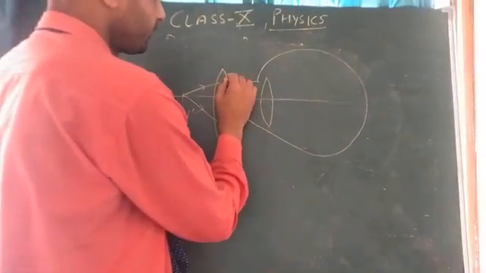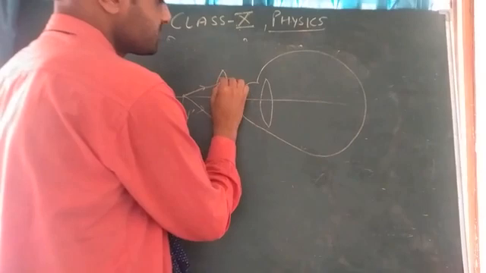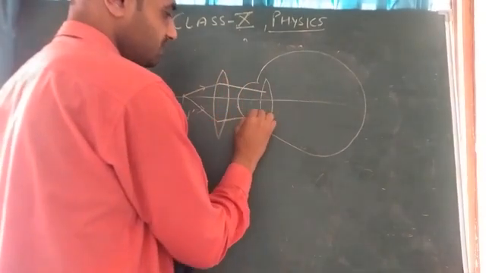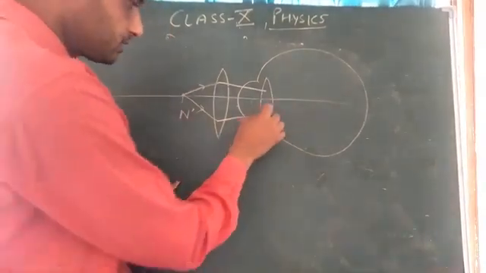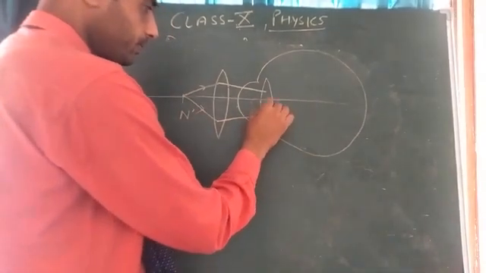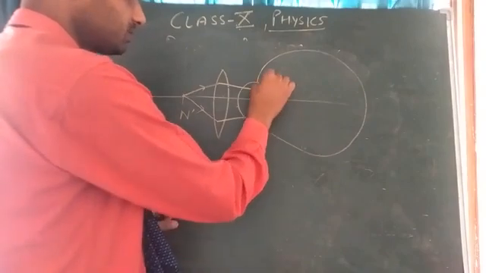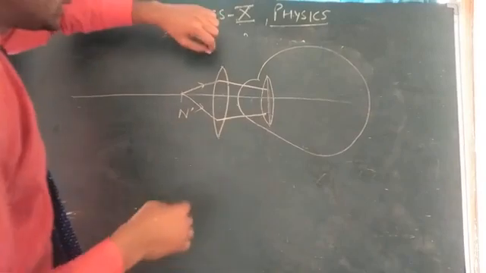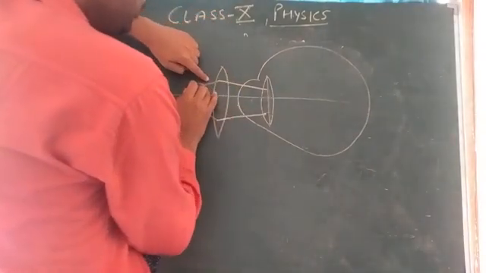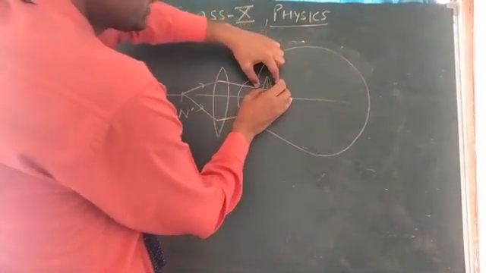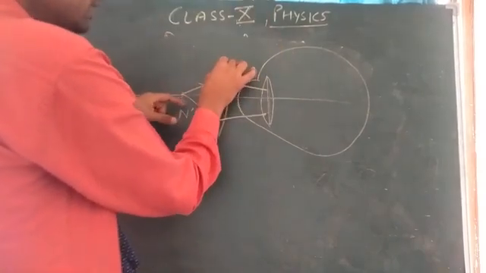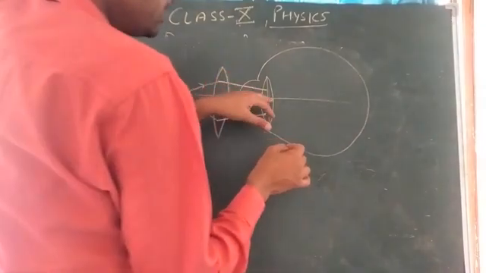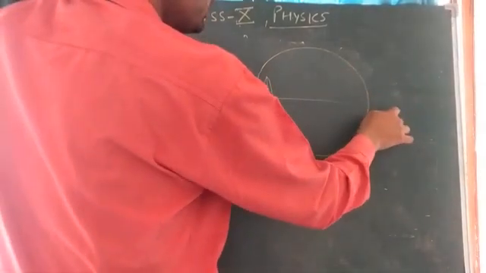It means these rays of light are incident on the convex lens. If these rays of light were incident on the eye lens without this external convex lens, they would converge beyond the retina.